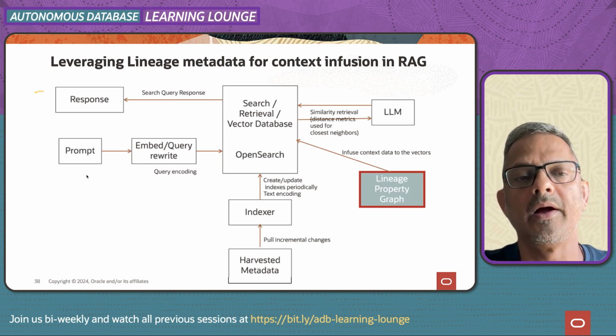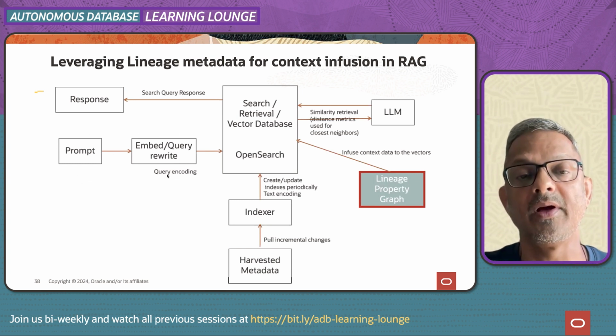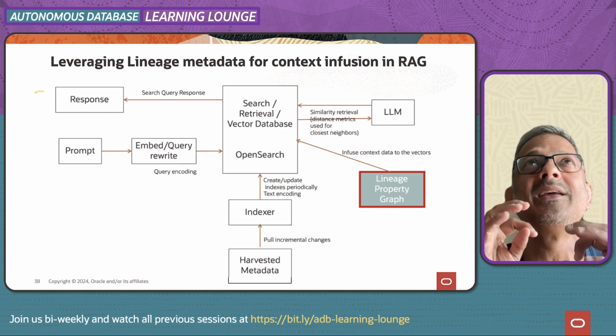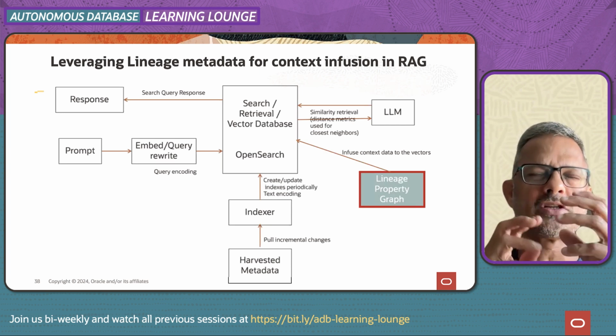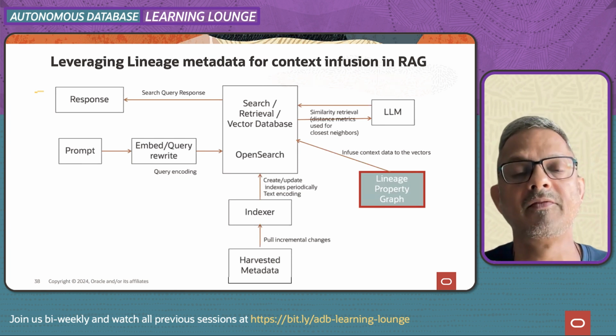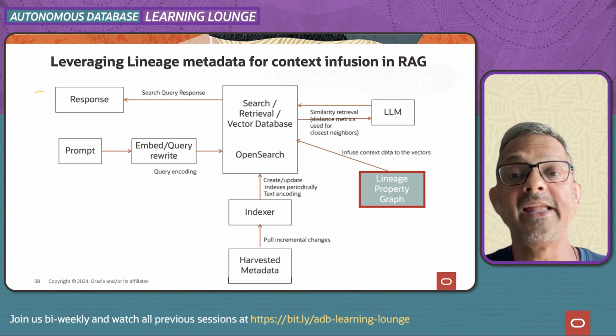So you have user queries or prompt engineering, and then those are being embedded, and there's a query rewrite to ensure that you're semantically closer to the data on which you are trained, the corpus of data that you actually indexed.